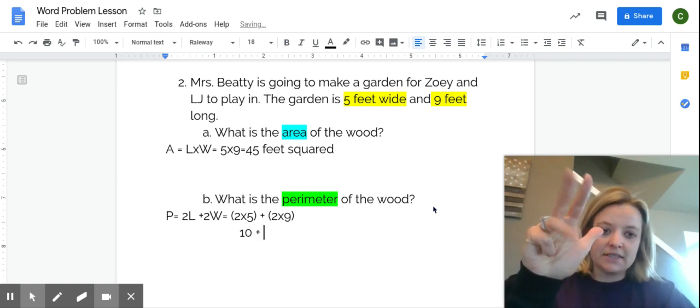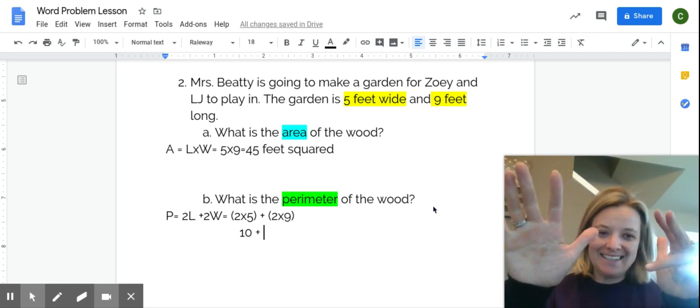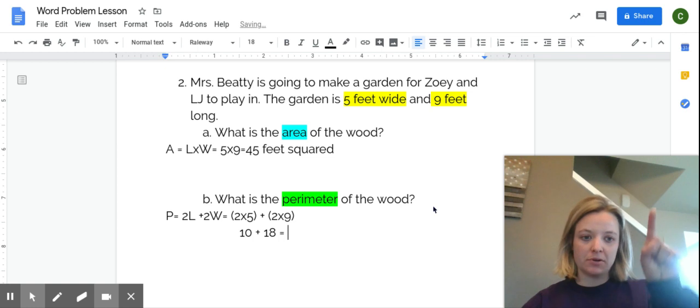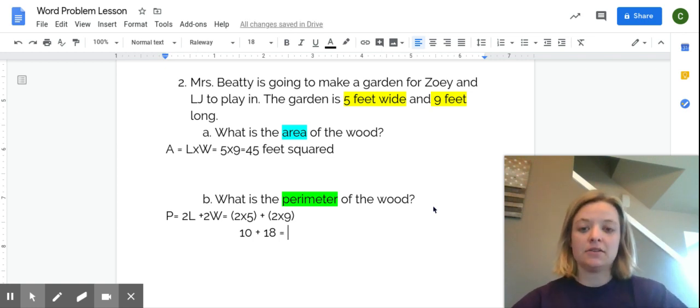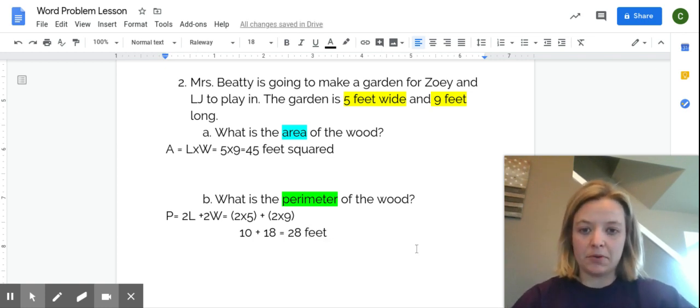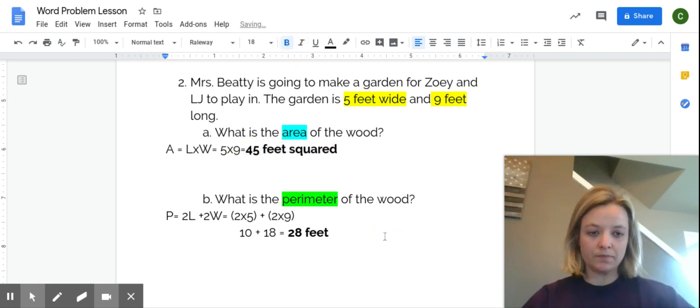Plus 2, 4, 6, 8, 10, 12, 14, 16, 18. Remember, you need to add them all together because perimeter is total distance around. So 10 plus 18 is 28. 28 feet. So my perimeter is 28 feet for my garden, and my area is 45 feet squared.